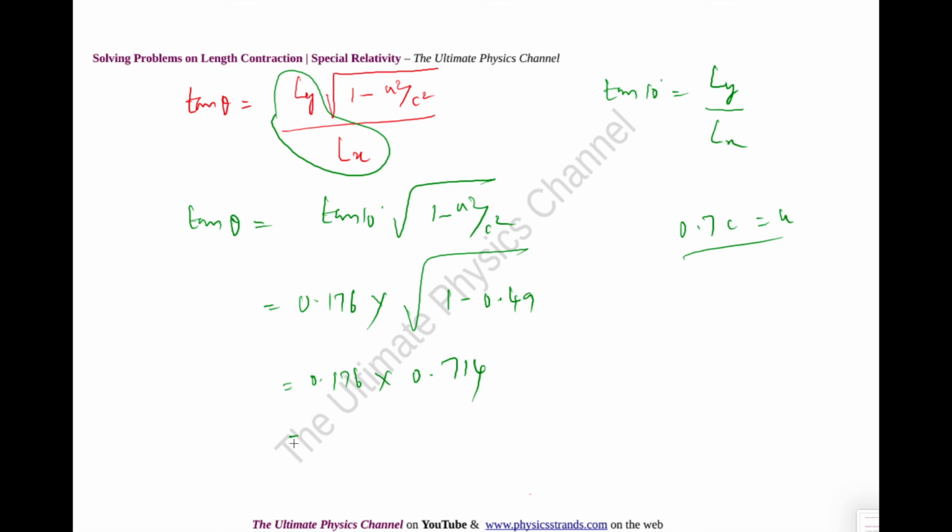So the product here is 0.126, which is tan theta. Therefore, theta is tan inverse of 0.126.